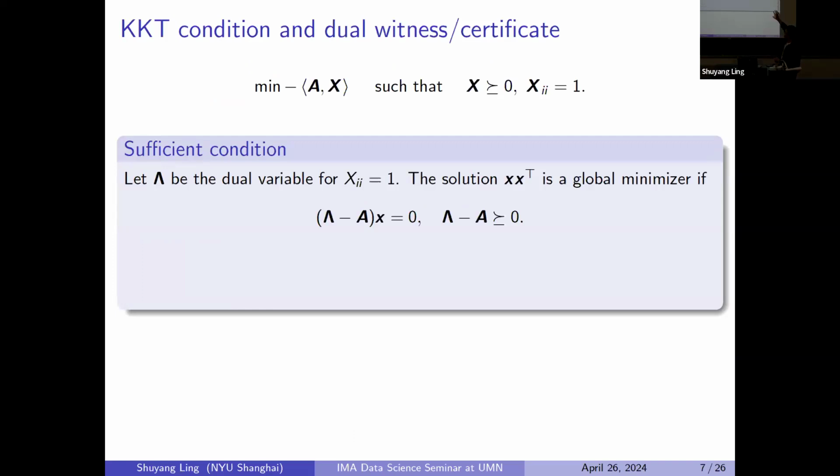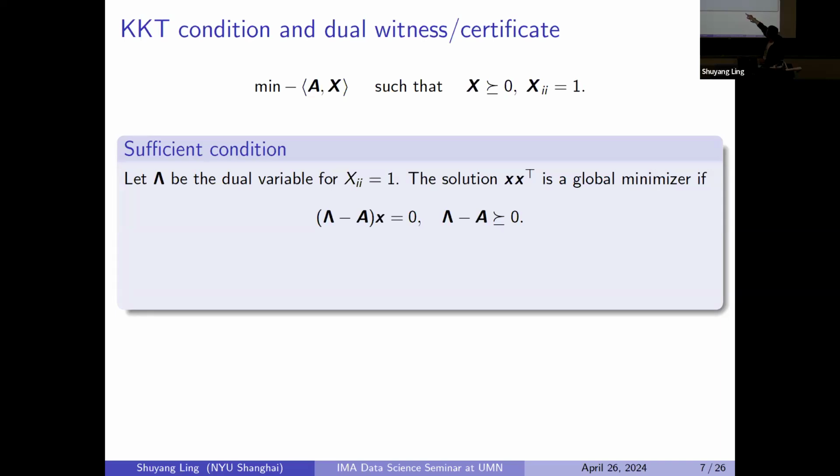For example, one sufficient condition would be to let lambda be the dual matrix corresponding to the equality constraint, and I can write down the Lagrangian. Then using complementary slackness, I can show that if there exists this lambda, the dual variable, such that lambda minus A times x equals 0, which corresponds to complementary slackness, and this one corresponds to the Hessian type of positive semidefinite condition, then x times x transpose is the global minimizer.